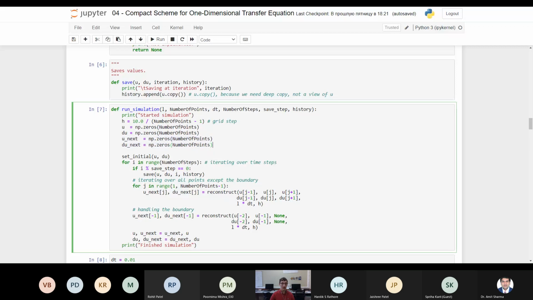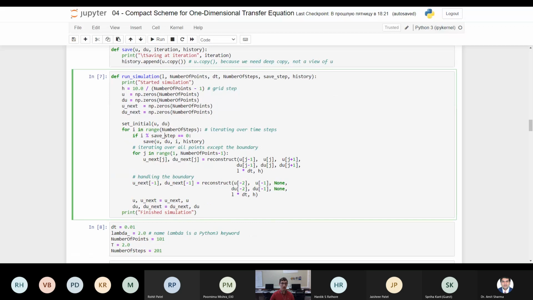Then we call the setInitial function, which initializes the u and its derivative to the sinus impulse. Then we have a loop over time steps, and each time step we perform saving every save step iterations.